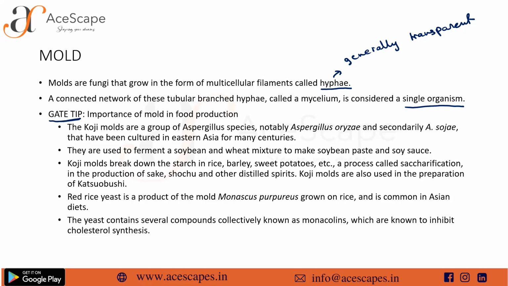They have been cultured in Eastern Asia for many centuries. Why? Because they are used to ferment soybean and wheat mixture to make soybean paste and soy sauce. They are very common in countries like Japan, Korea and others in East Asia.